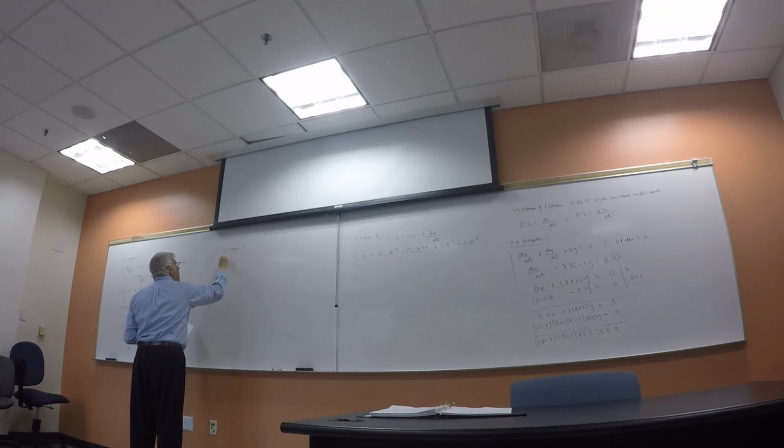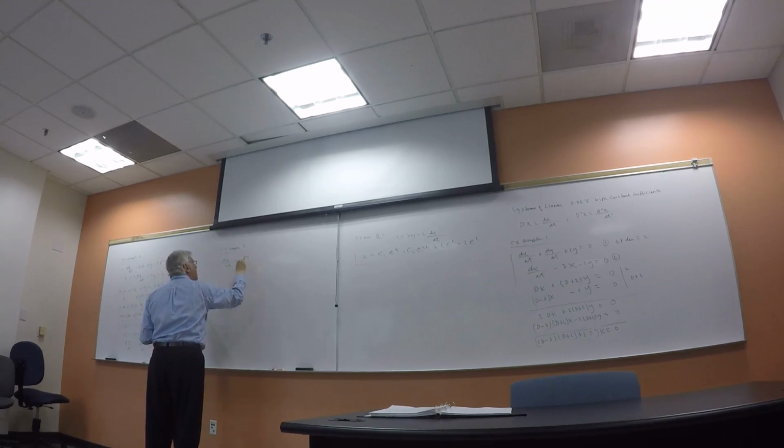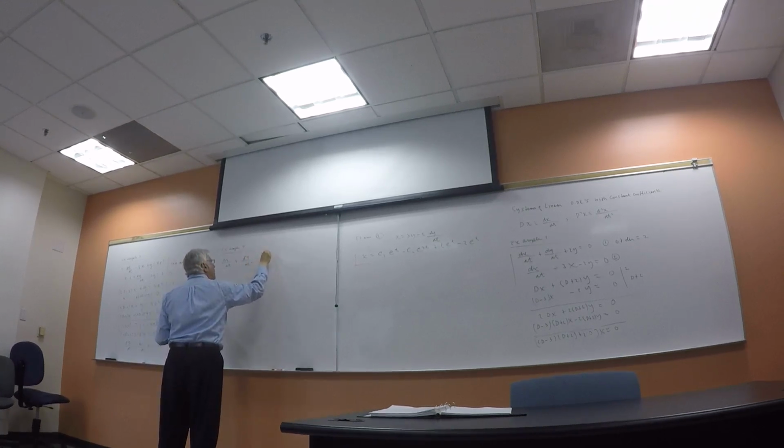The first equation is dx/dt plus the second derivative of y with respect to t is equal to e to 3t.